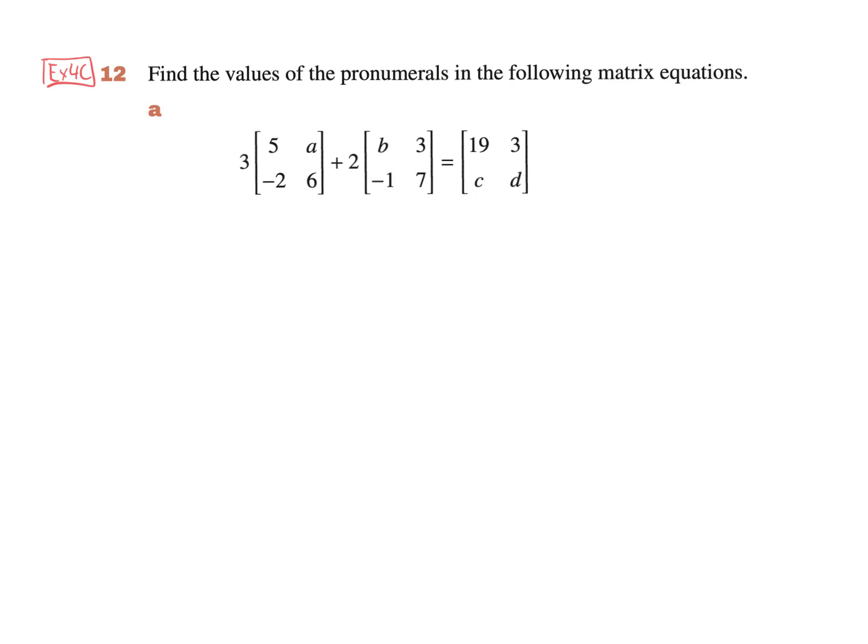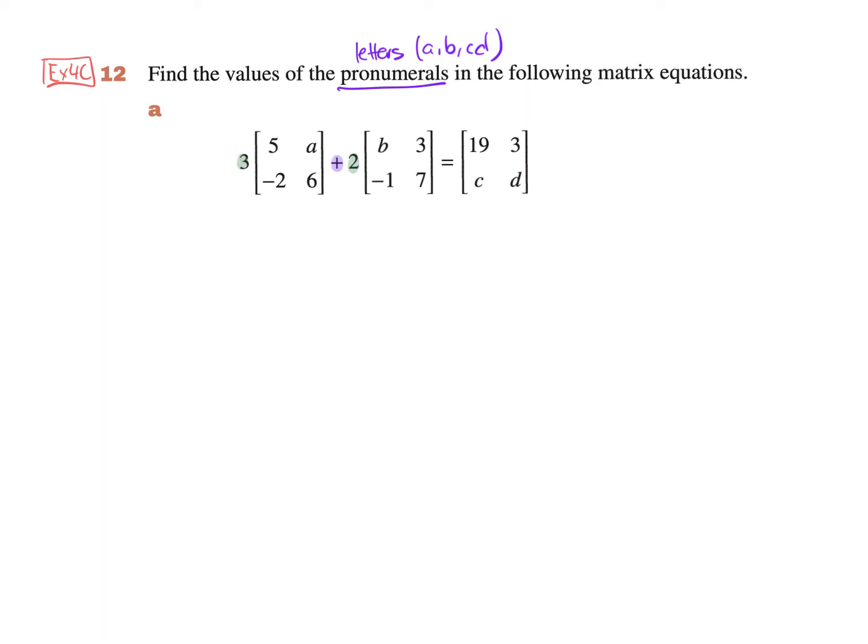Okay, so with this one, it says find the values of the pronumerals. That just means the letters. If you look down here, we have A, B, C, and D, so we've got to find the letters. When adding matrices, they have to be the same order, which they are, and then we add them together. But first we have a scalar number out the front.